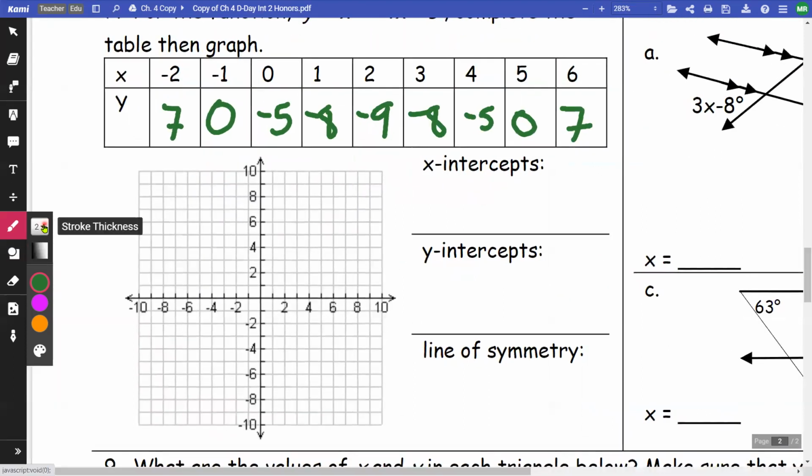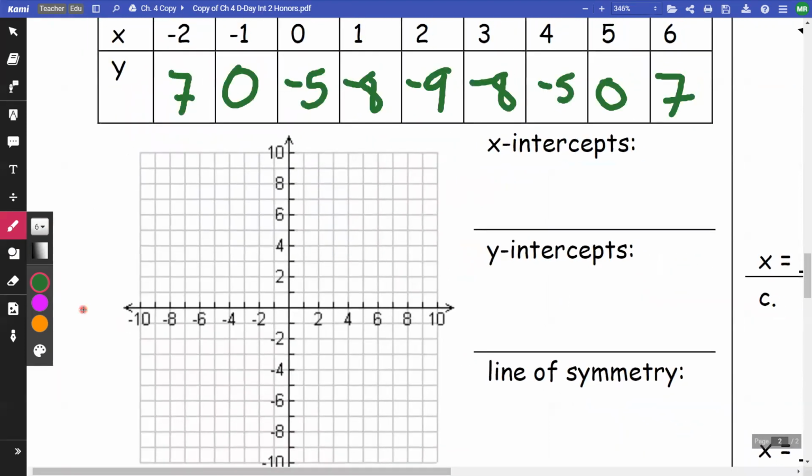So let me graph those real quick. Okay, so I have -2, 7. Oops, that's a little too fat. Let me get a little thinner. So -2, 7. I have -1, 0. I have 0, -5. I have 1, -8.